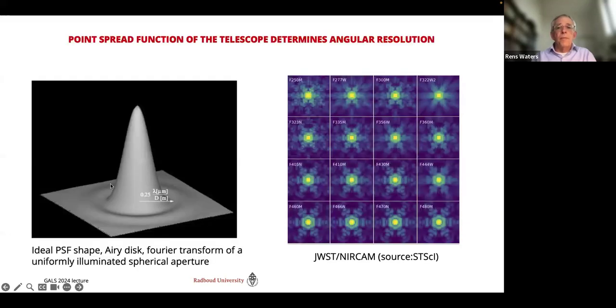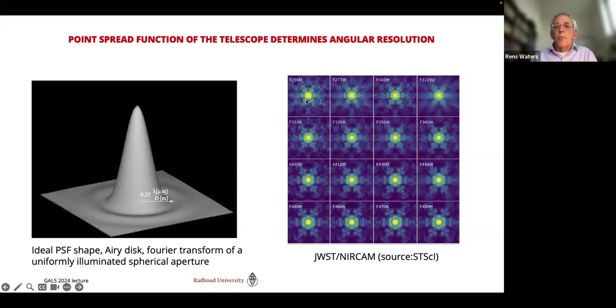And so this is then the Airy disk, the point spread function of a single aperture telescope. So a telescope which just has one circular aperture, where you see the central peak, and then the first null here, and then these interference rings due to the diffraction of the incoming wave.